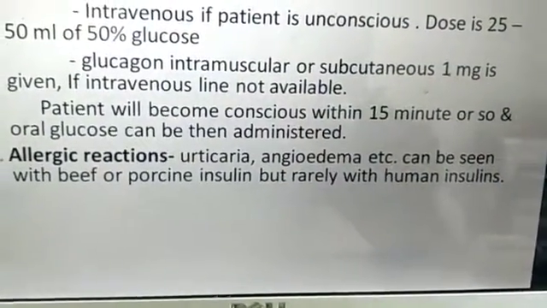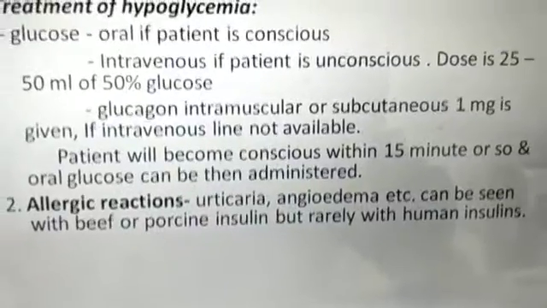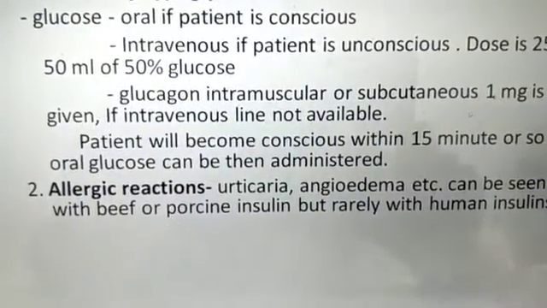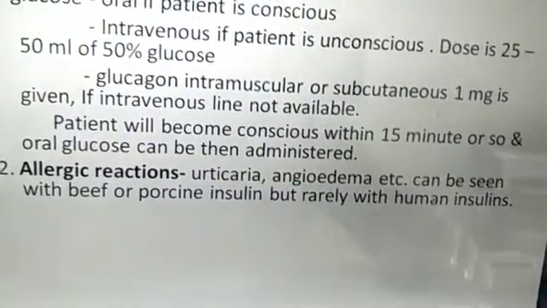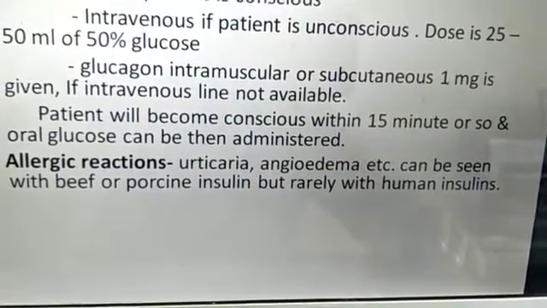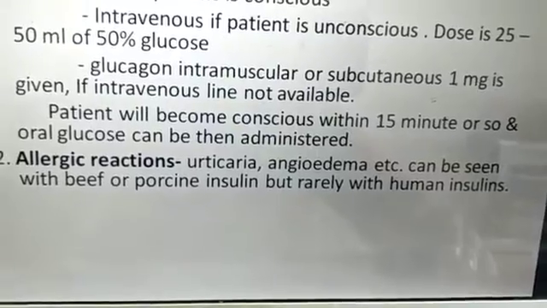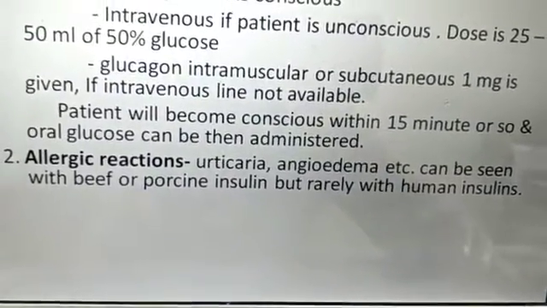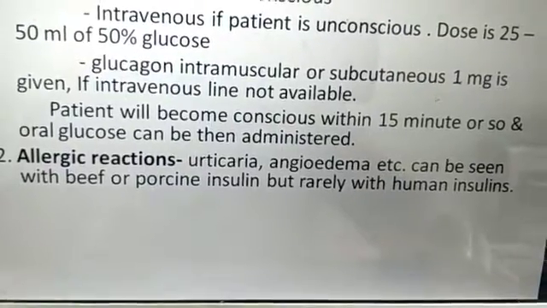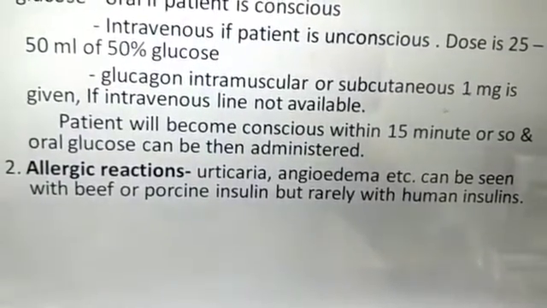So this is the first and foremost and maybe sometimes life threatening situation, hypoglycemia. Other adverse effects of insulin are allergic reactions, which were frequent with beef or porcine insulin, but are less frequently seen with pure preparations and with human insulins.